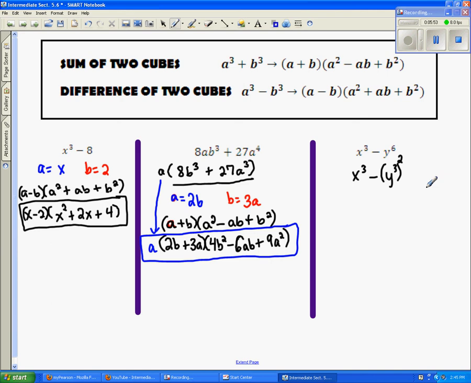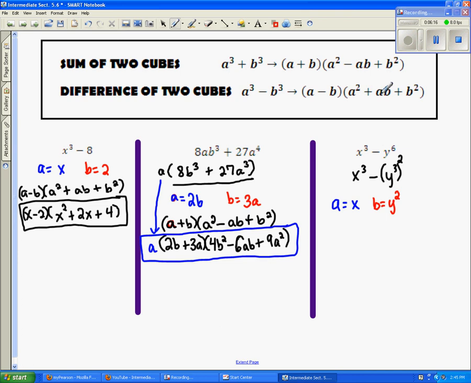My a value is going to be what is cubed in the first term, x. And my b is going to be what is cubed in the second term, so it's going to be y squared. Once I have my a and my b, I'm going to substitute them into my difference of perfect cubes formula.